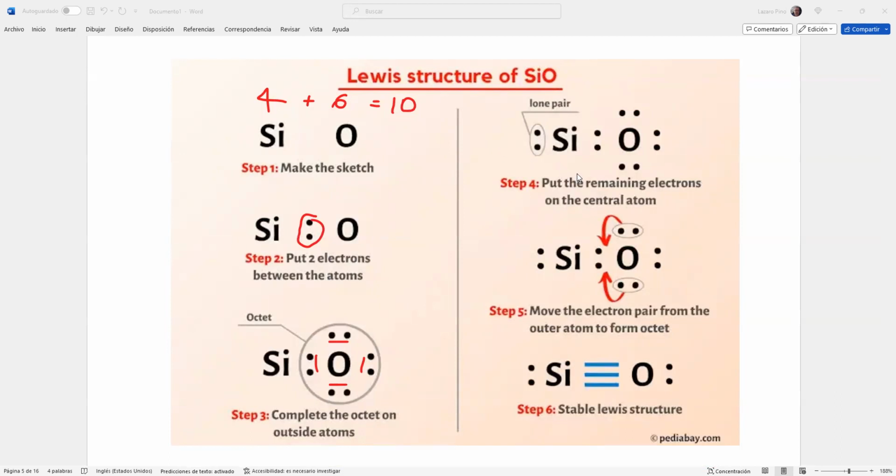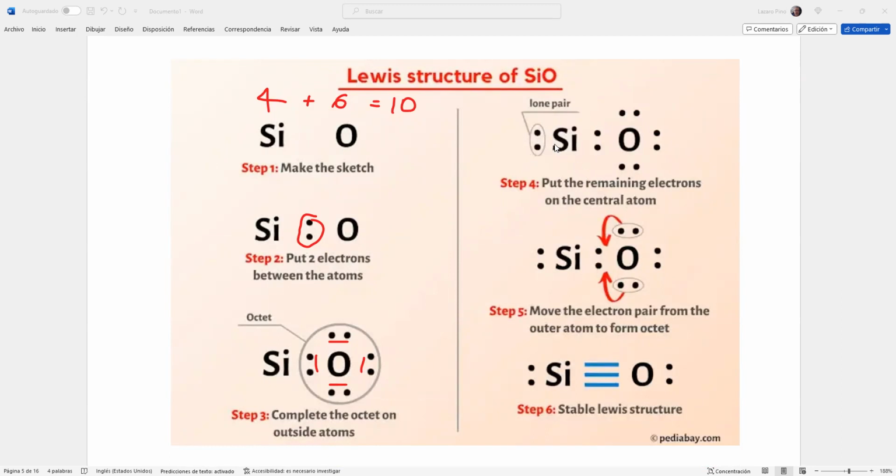And now you have the octet rule for this oxygen, but you have only 4 electrons around this silicon, and this silicon is demanding the 8 electrons to get the octet rule too.